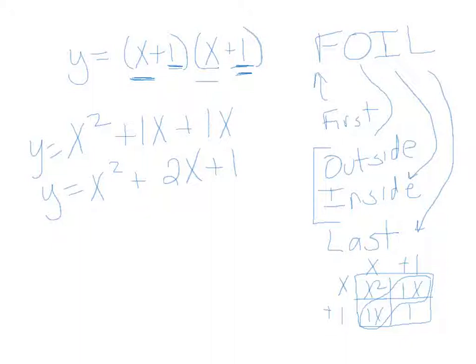Okay, now let's find the line of symmetry. So what's our formula? X equals negative b over 2a. Our b this time is 2, so negative 2 over 2, a is 1, equals negative 1. And then we put that negative 1 back into our equation.